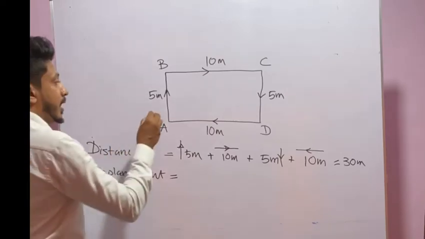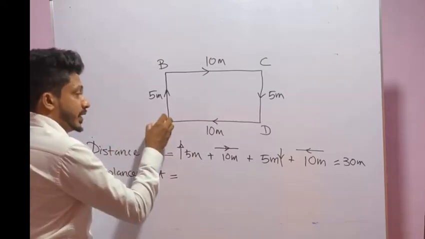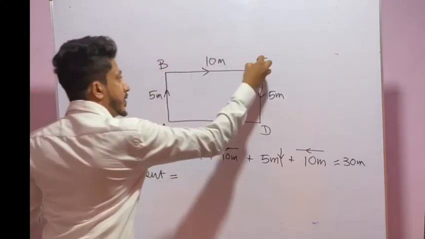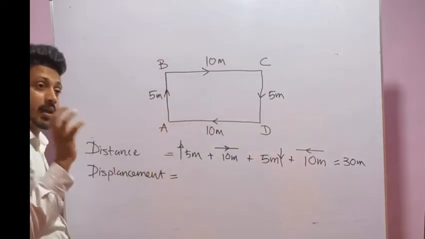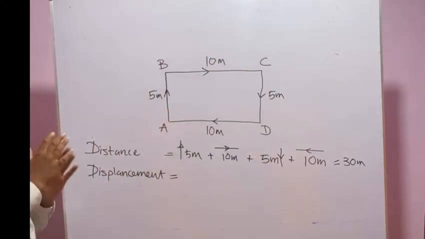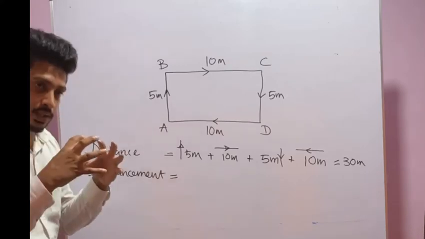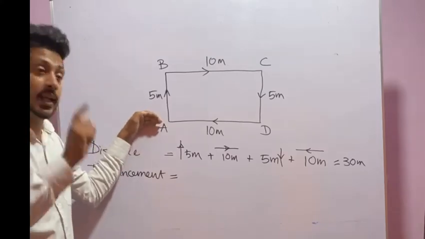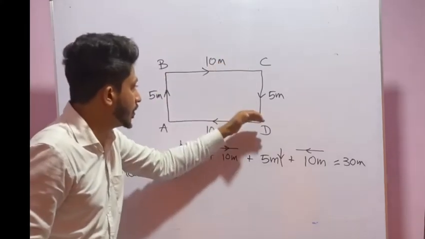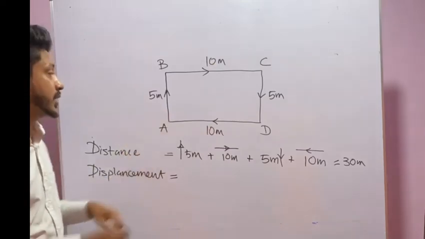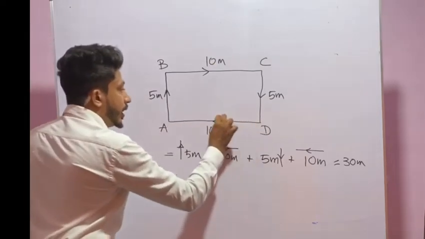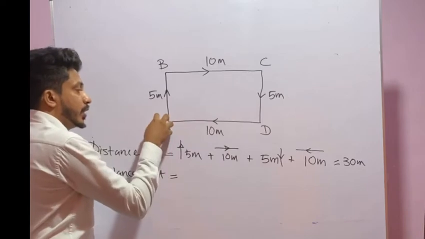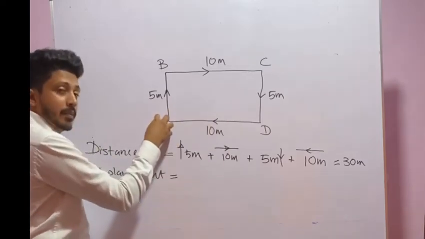That means what is the motion? This person has traveled this way, this way, this way and this way. So that is the complete motion you have to consider. So in that motion, what is the original position? A. What is the end position? It is also A, because he has already come to position A.